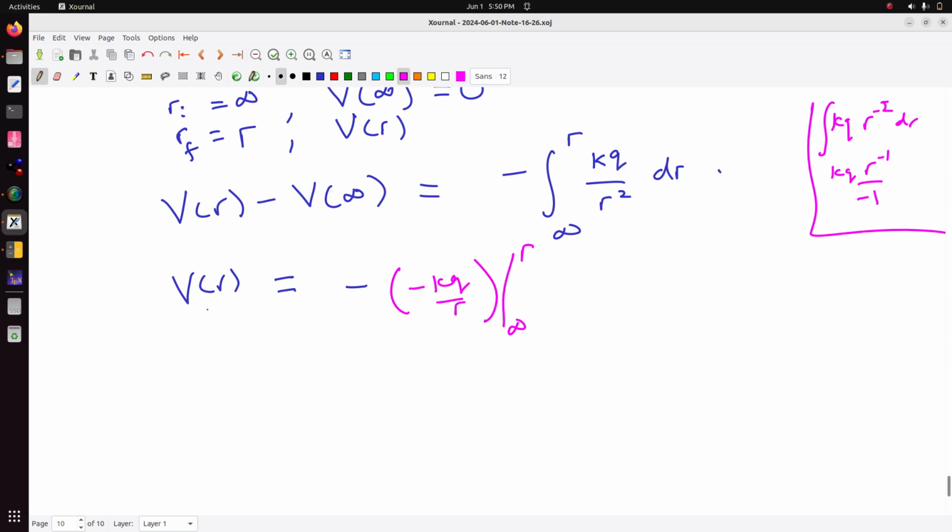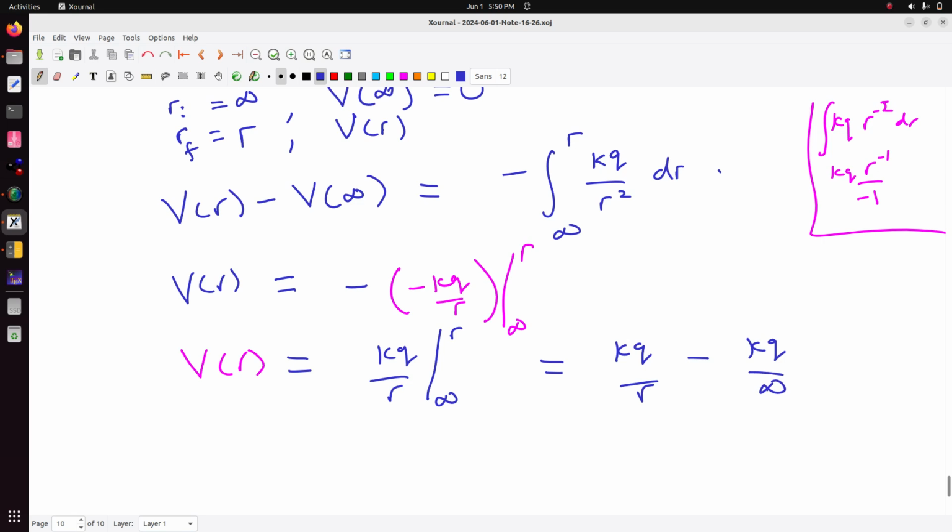Now, this V of R will now be minus times minus, which is plus. So that will be kq over R, from R to infinity. Now, if you put R, you have kq over R, then minus, if you put infinity, you have kq over infinity. Any number divided by infinity, which is not 0, is 0.